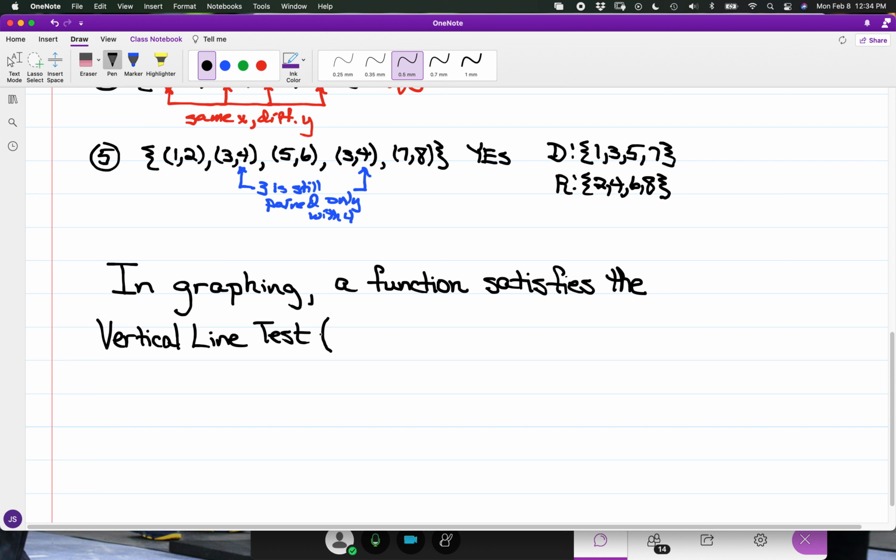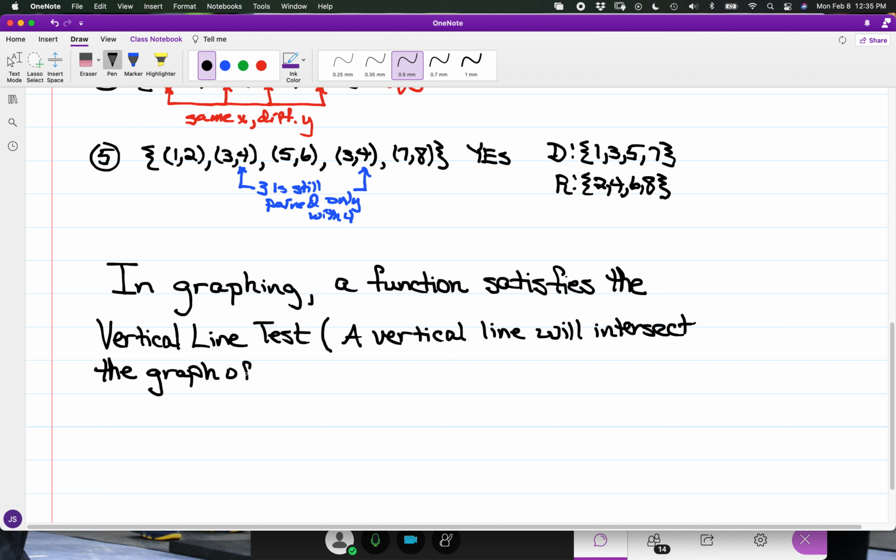And with the vertical line test, a vertical line will intersect the graph of a function at most one point for all x values.